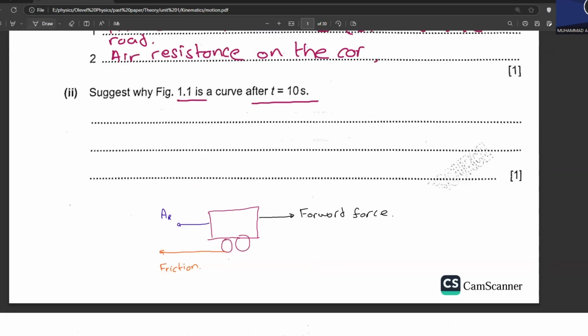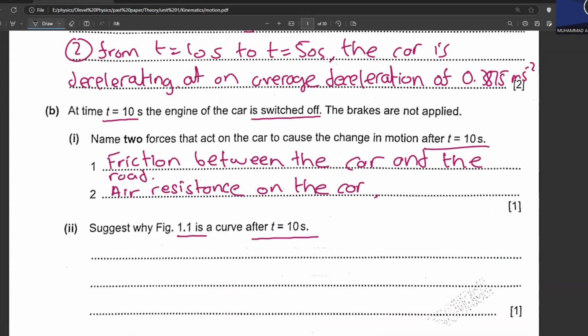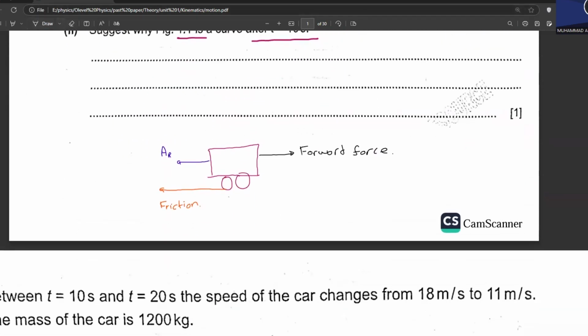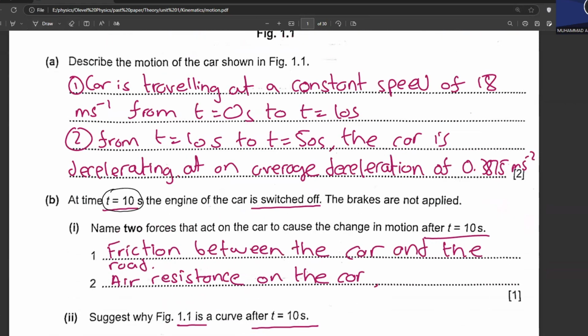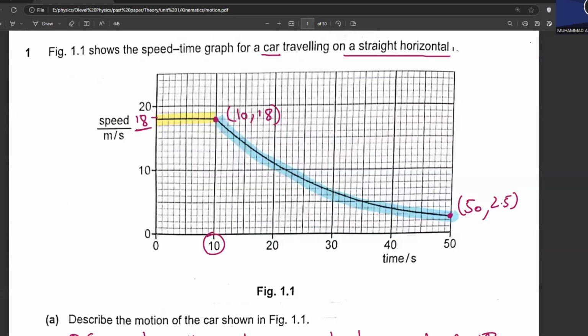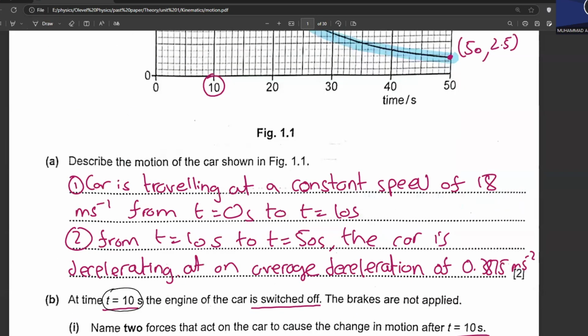But after 10 seconds, as you can see, the engine is switched off. If the engine is switched off, this means the forward force vanishes. As the forward force vanishes, only the backward forces or resistive forces are left. If only the backward or resistive forces are left, this results in a deceleration, or you can say a decrease in speed.